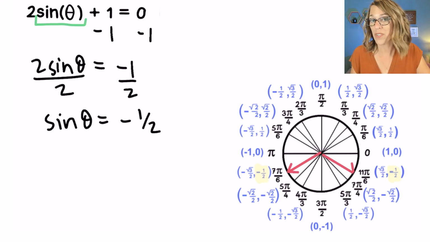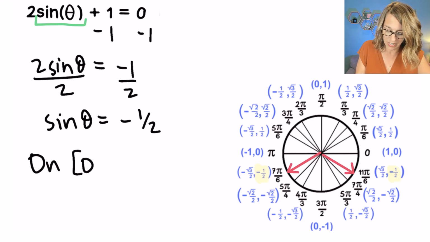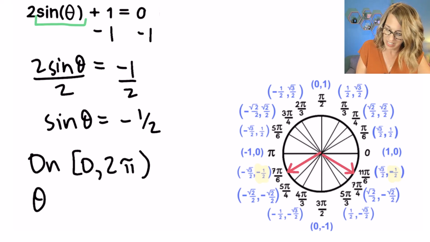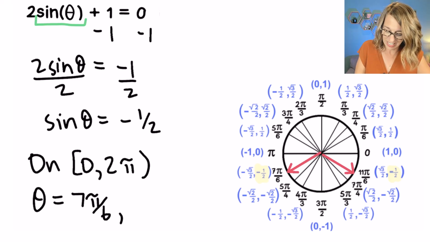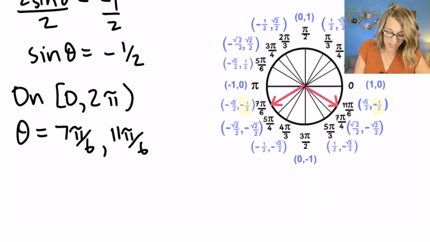Now this is in one rotation of the unit circle, so for starters, I can say that my solution on the interval 0 to 2 pi, one revolution, is theta equal to 7 pi sixths and 11 pi sixths.